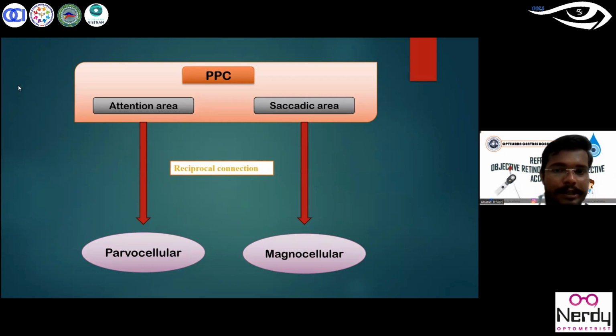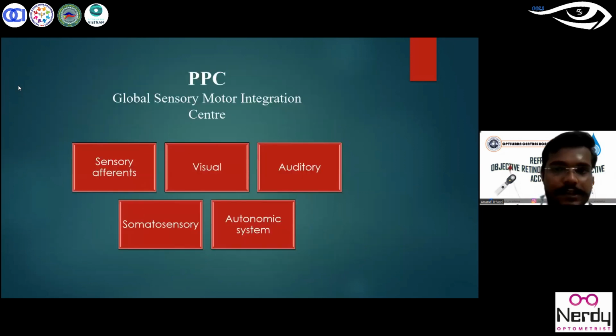This is very important to understand. Okay, so the PPC receives the sensory afferents: visual afferents, auditory afferents, somatosensory, and autonomic afferents, and therefore it is called the Global Sensory Motor Integration Center.